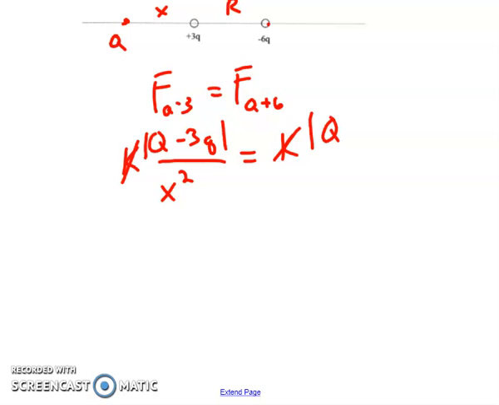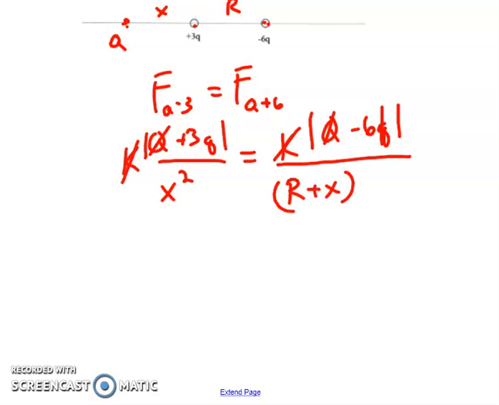In fact, the q's are going to cancel, and times negative, I'm sorry, this should have been a positive 3, not that it matters, times negative 6, absolute value, oh, sorry, I should put a q there, all over, well, if from here to here is r, and from here to here is x, that's going to be r plus x quantity squared. So I've got a mess right here.